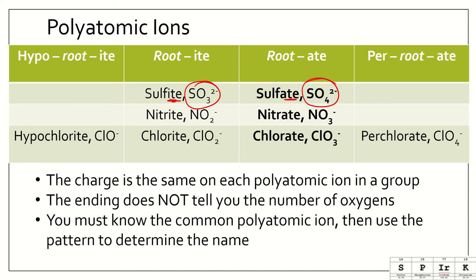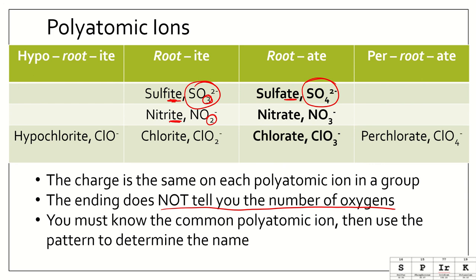The ending does not tell you the number of oxygens. So if you look at this, here we had sulfite, SO3, but if we look down here, nitrite is NO2. So the ending does not tell you how many oxygens, it just tells you is it more or less.